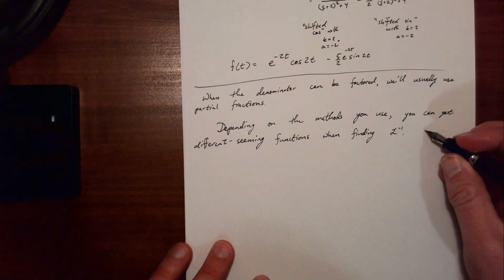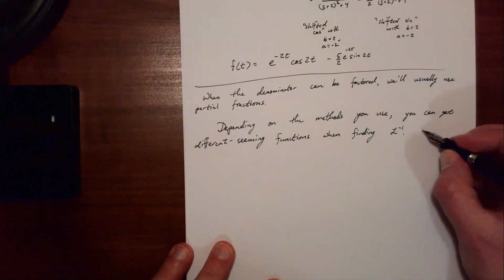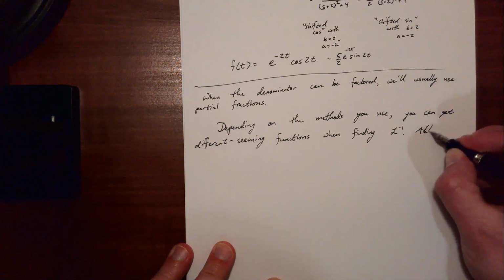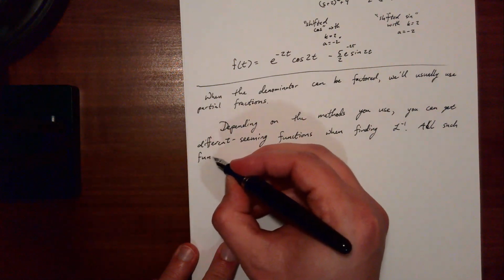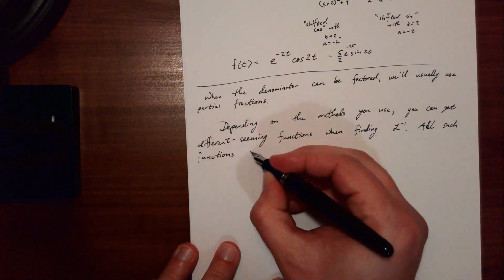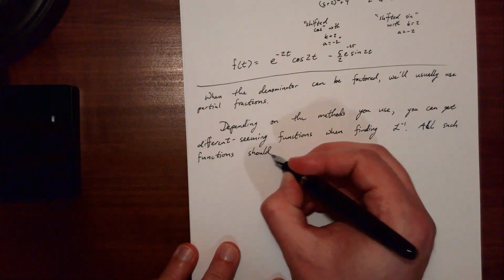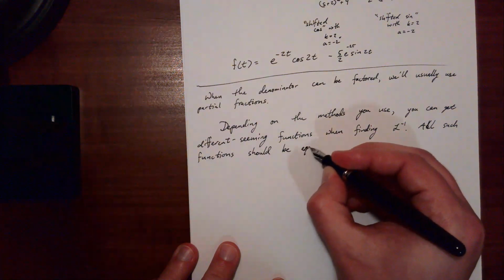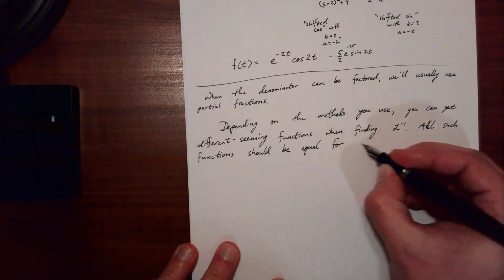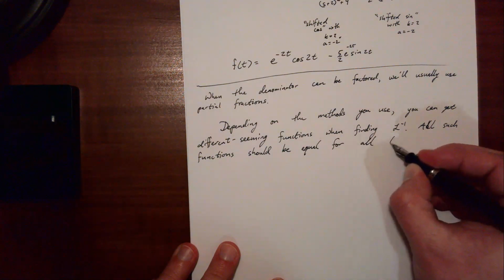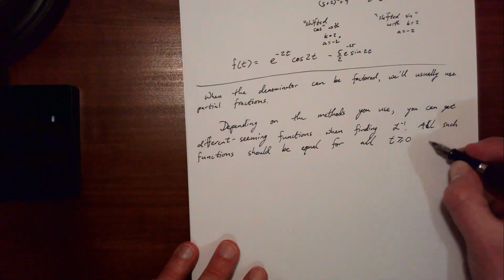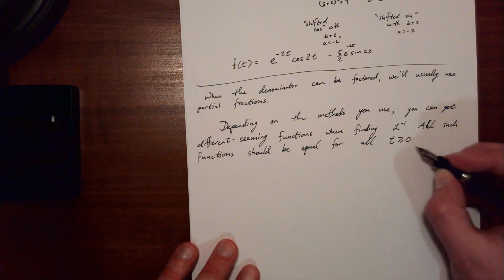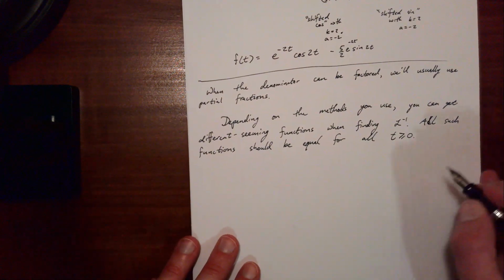But they should all agree for all t greater than or equal to 0. All such functions should be equal for all t greater than or equal to 0, except possibly at a couple of discrete points.